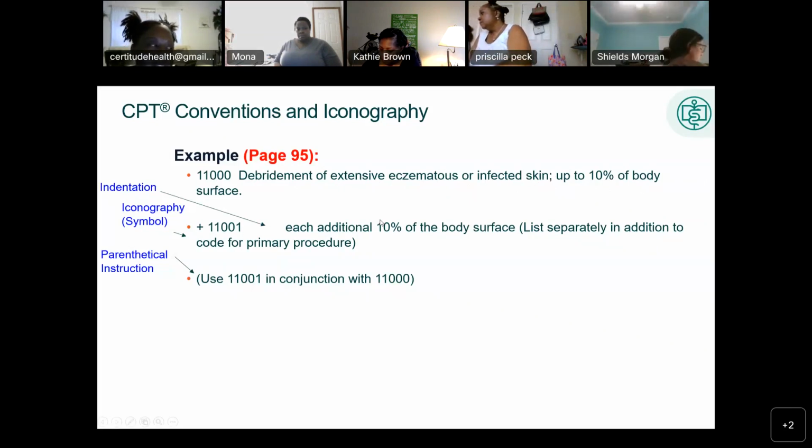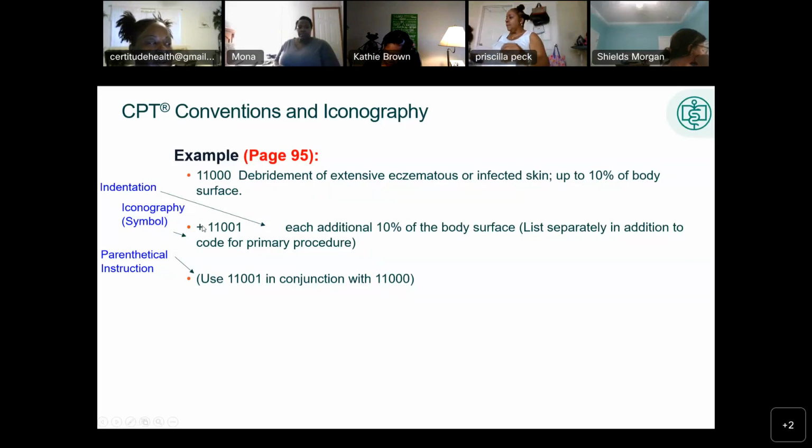Same type of concept. So if you see a code like this and then a second code under it that has an indentation, then that means it is a part of the previous code, meaning that anything before that semicolon is going to be a part of this description in the second code.